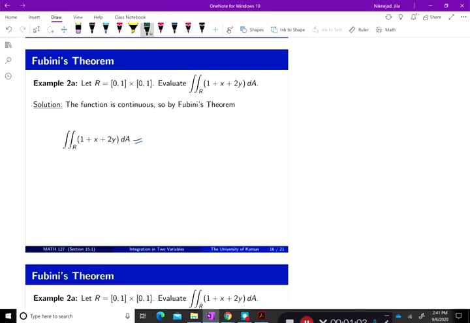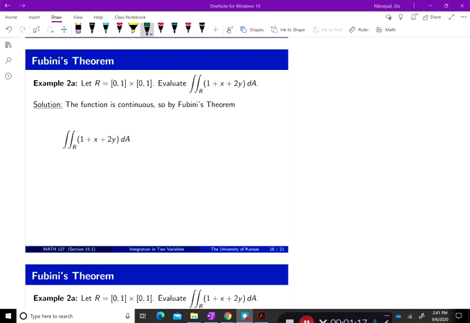So basically I'm setting this up as two integrals.